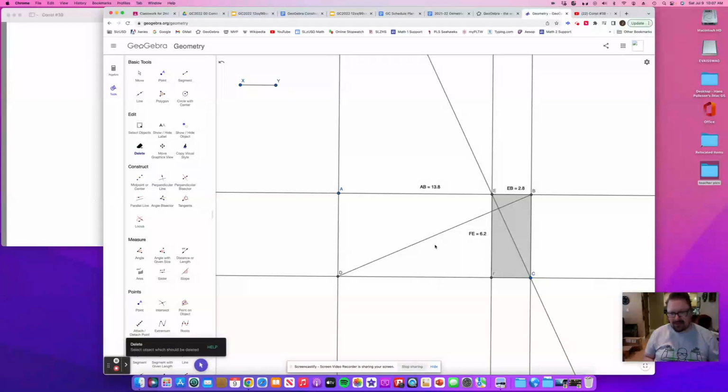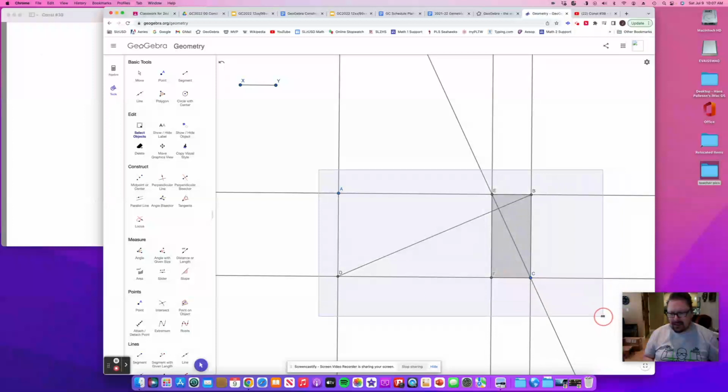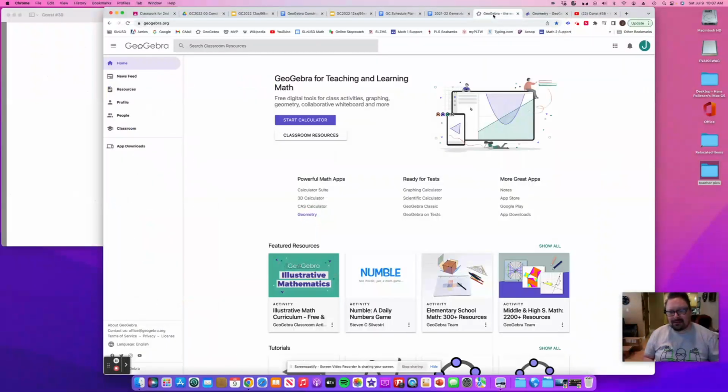So let's first delete all these measurements, because we're going to have to remeasure this. And we'll select this whole thing, and we'll copy it onto our calculator suite.